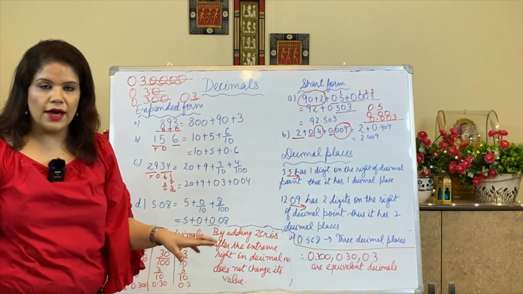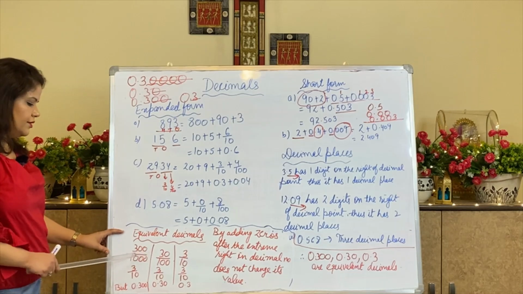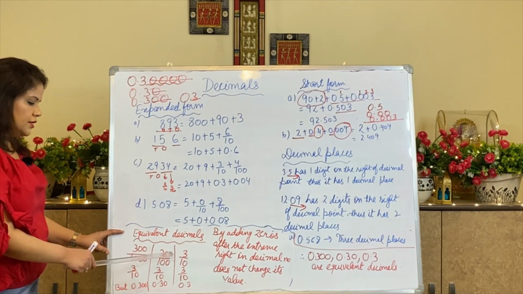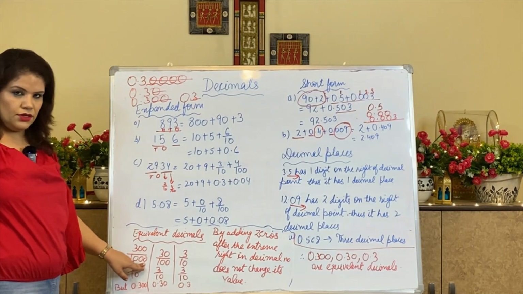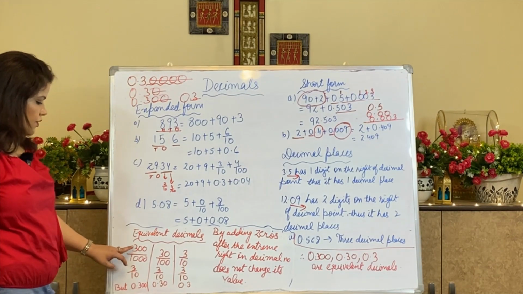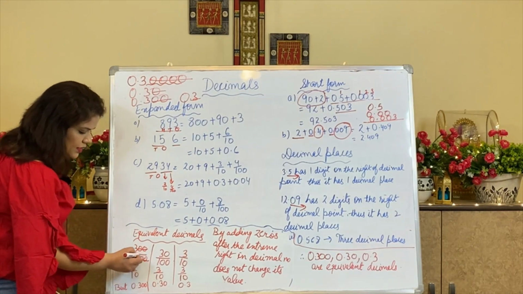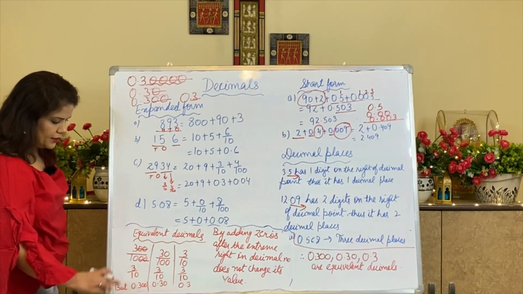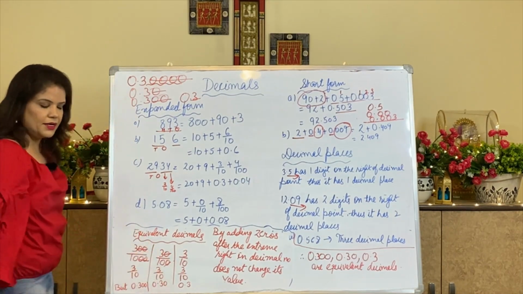So that's why in equivalent fractions, suppose these numbers are there: 300 by 1000, 30 by 100, 3 by 10. 3 zeros in the denominator, and if we simplify this, these 2 zeros will get cancelled with these 2 zeros. This will become 3 by 10. This 0 will get cancelled with this 0. This is again 3 by 10.